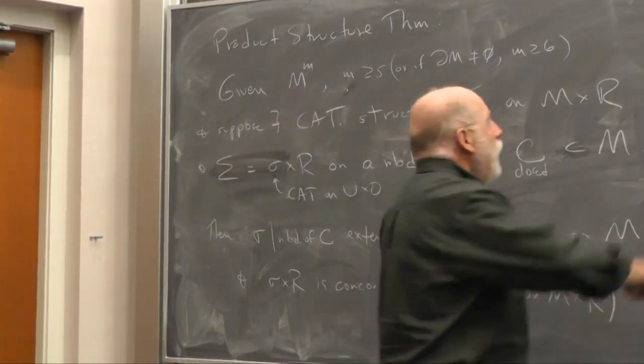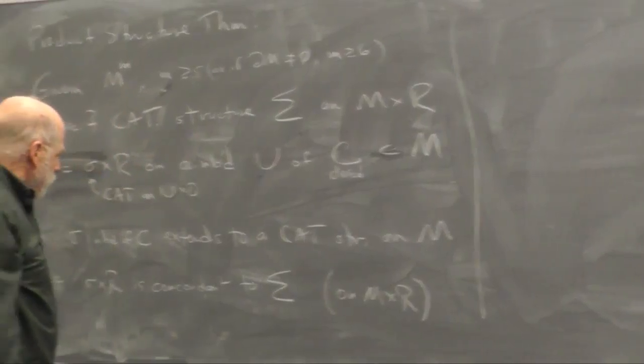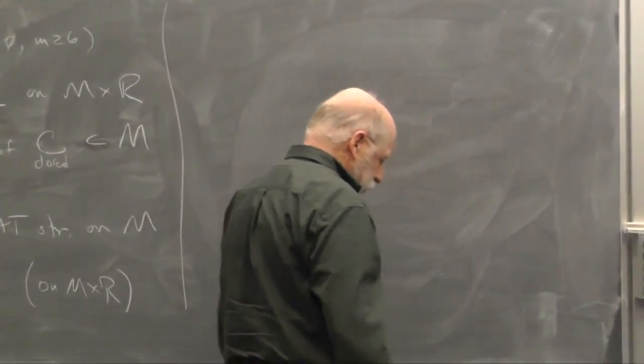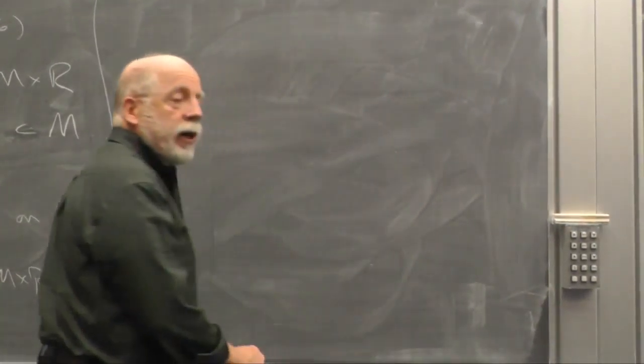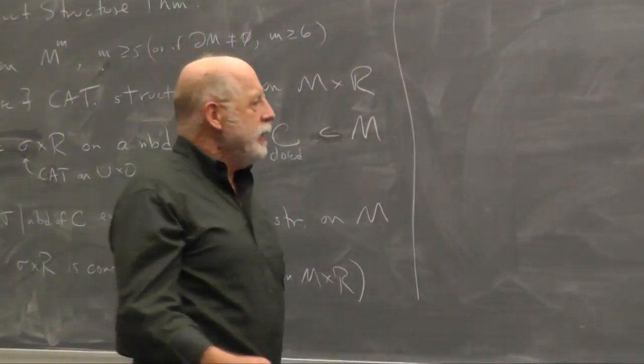So that's what that says. Now, how was this used? Well, the easiest one to do is handlebodies. And I sketched that last time. And actually, there's not much more to it than just a sketch. It's pretty easy.